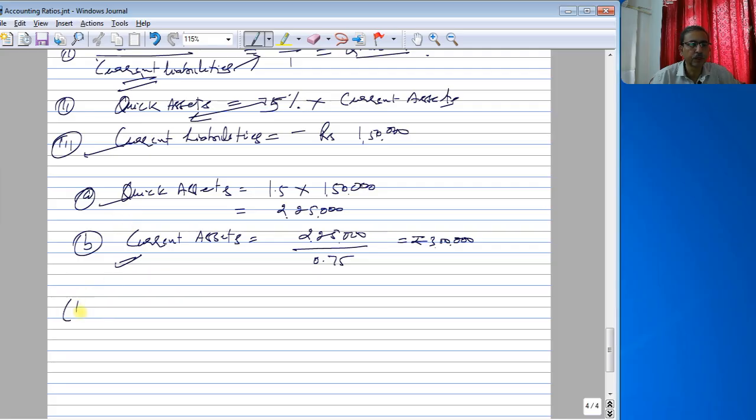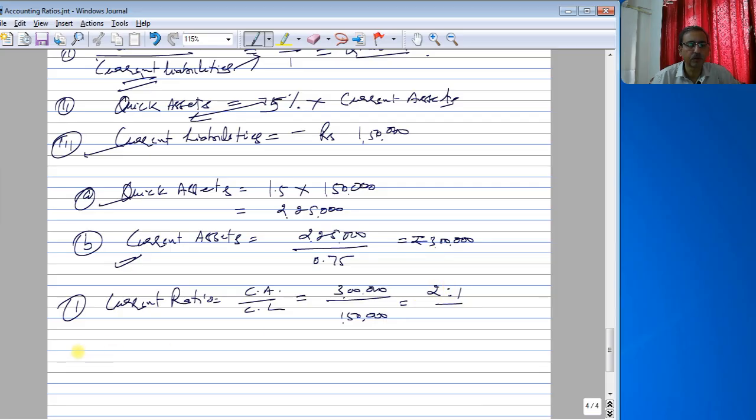The first ratio is the current ratio. Current ratio is current assets upon current liabilities. The amount of current assets is 3 lakh and the current liabilities are 1,50,000. So easily this is 2:1.